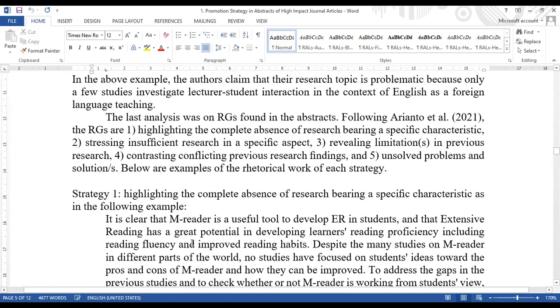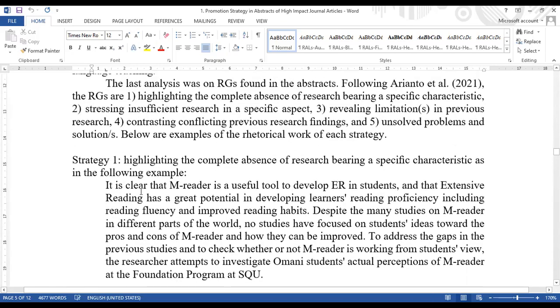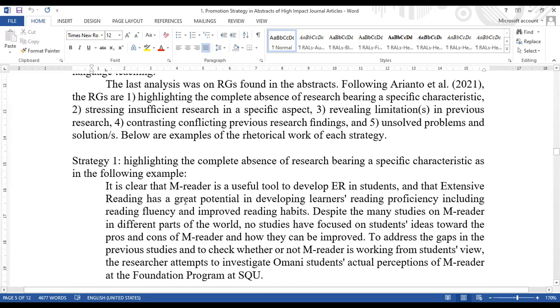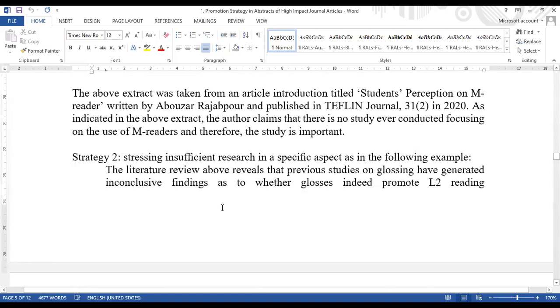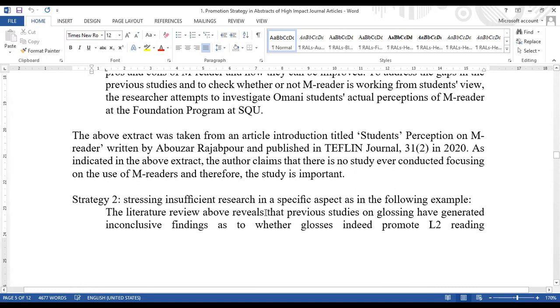Now, these are the strategies. I think the strategies are not very difficult. Complete absence: no studies at all on the topic. That is called complete absence. Insufficient: when the authors mention very few studies on the topic.